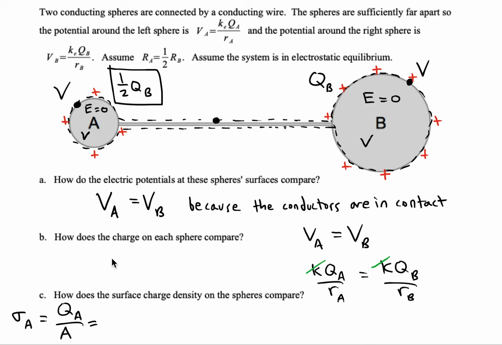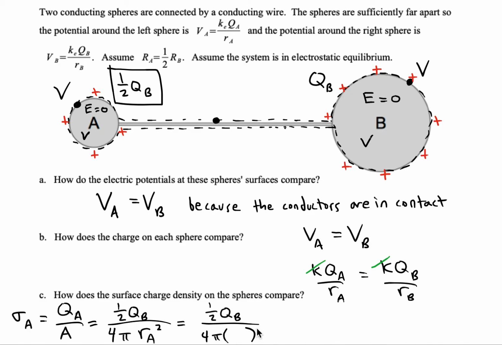So I'll replace charge QA with 1/2 QB, and I'll replace the surface area of A with 4 times pi times its radius squared. I'll make one more substitution because I want things in terms of B so that I can compare the two. I'll do 1/2 QB over 4 pi.